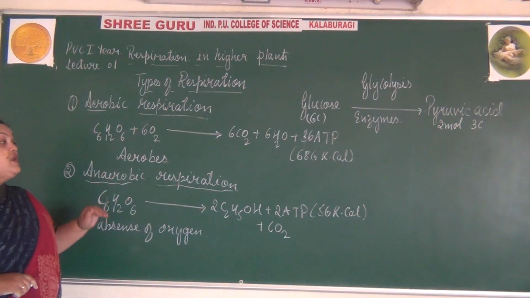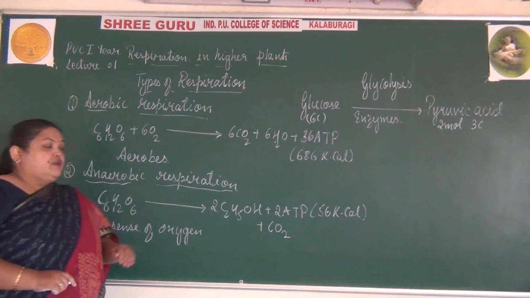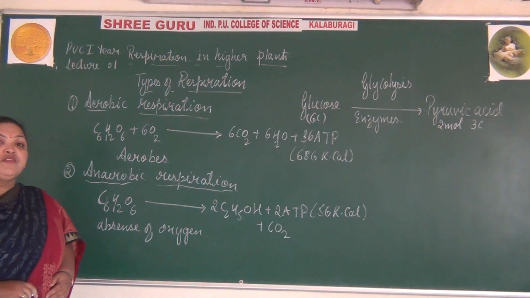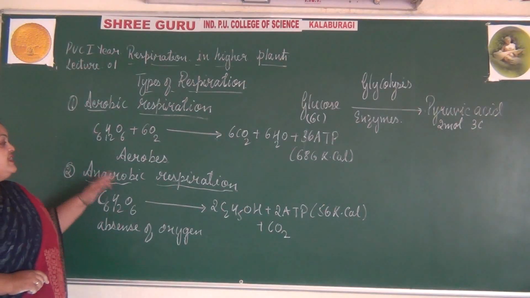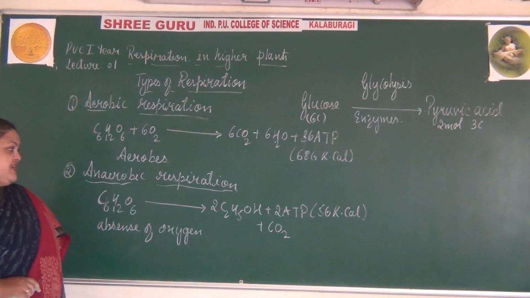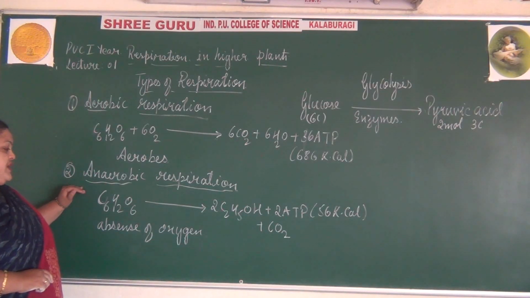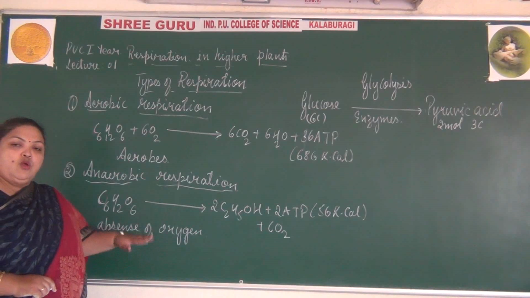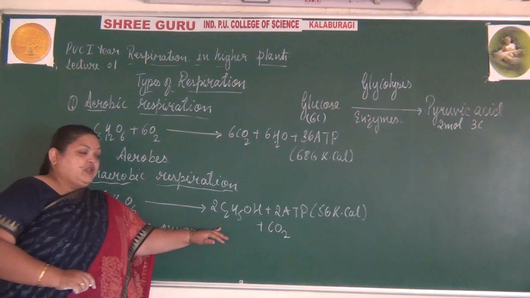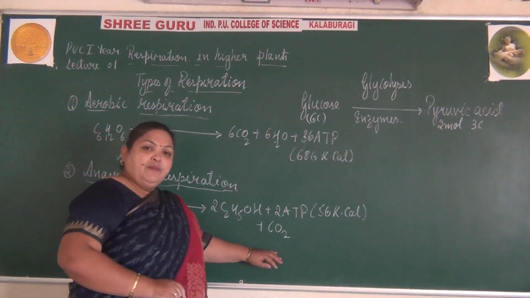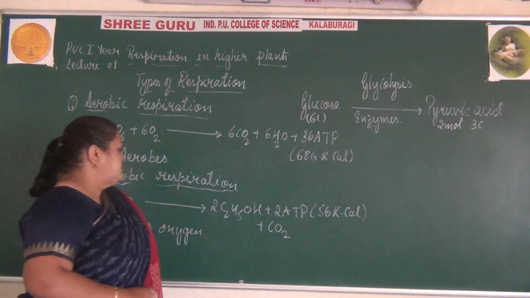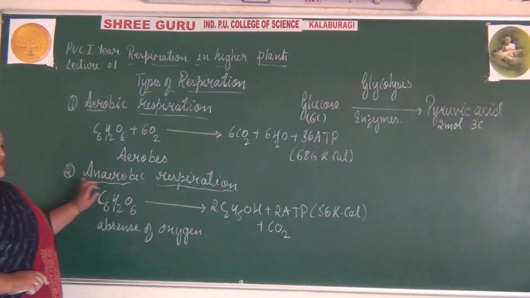The breakdown of complex glucose molecule into ethyl alcohol and carbon dioxide with the release of 2 ATP molecules is known as anaerobic respiration.